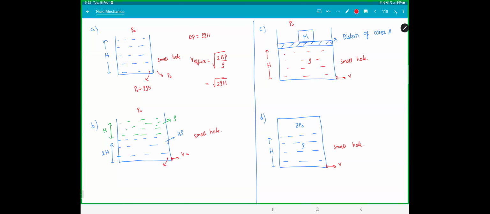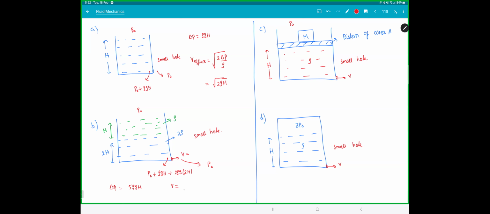Want the pressure here. What is the pressure? P naught plus the first liquid will give you rho gh. The second liquid will give you 2 rho g 2h. What is the pressure outside? Pressure outside is P naught. So delta P will be 5 rho gh.